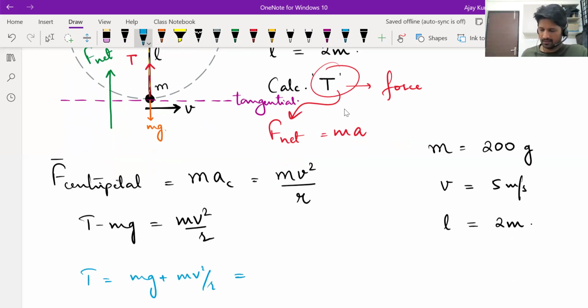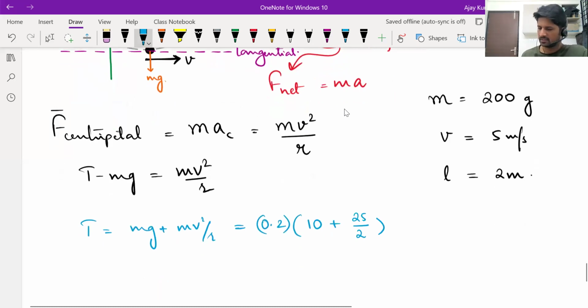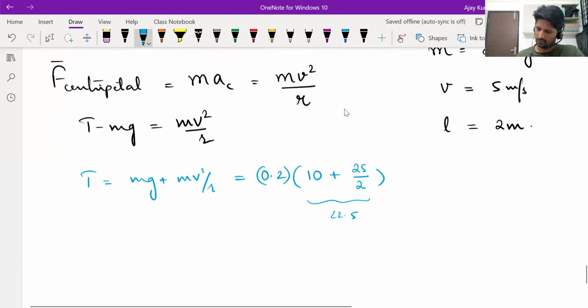I'll take m common. m is 200 grams, means 0.2 kg. g is 10 in SI units. v square, speed is 5, 5 square is 25, divided by the radius is 2. 25 by 2 is 12.5. 12.5 plus 10, 22.5. This becomes 22.5 into 0.2. 22.5 into 2 is 45. 0.2 will be 4.5. That much is the tension at that moment.